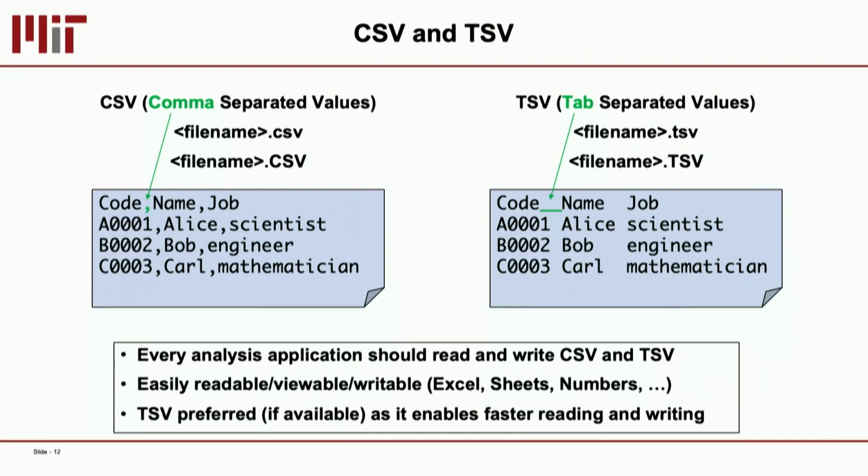But it's okay to say to a person generating data, if you put a tab inside a value, that's a foul on you. You shouldn't do that. And so that means I can write a program that can read this data really fast, and it can write this data really fast. And that's why in the big data or AI space, people often tend to use TSV. And again, it's easily readable and writable by all those spreadsheet programs that I have mentioned before.